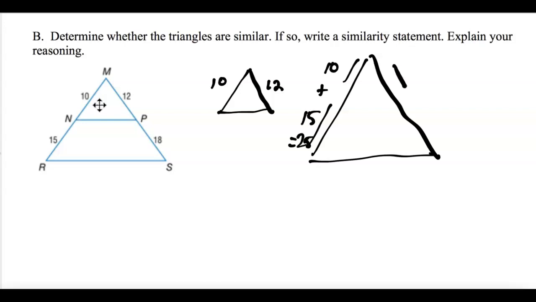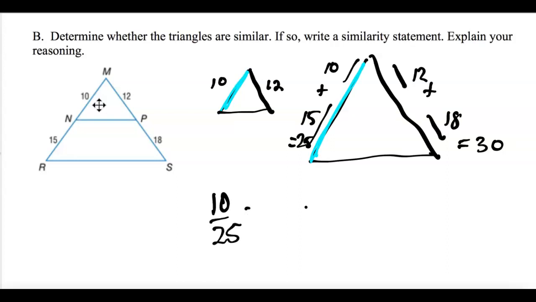And this side is going to be 12 plus 18, so that is going to give me 30. So if I want to look at the comparison, I would take, for instance, this first side over here and compare that to this side. So we would get a proportion that looks like this, 10 over 25. Is that indeed equivalent to 12, which would be the other side here?